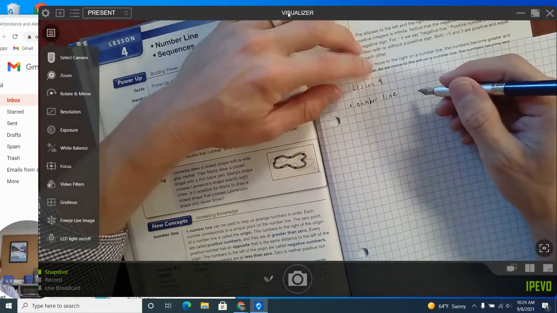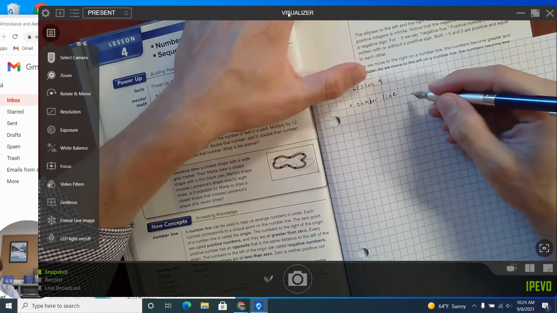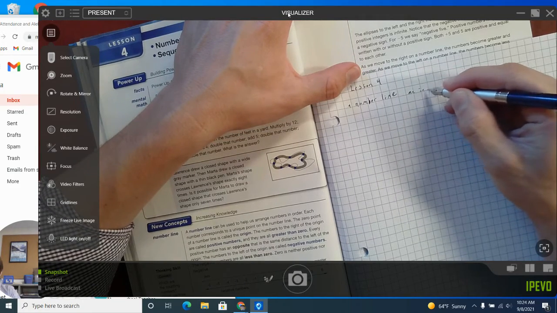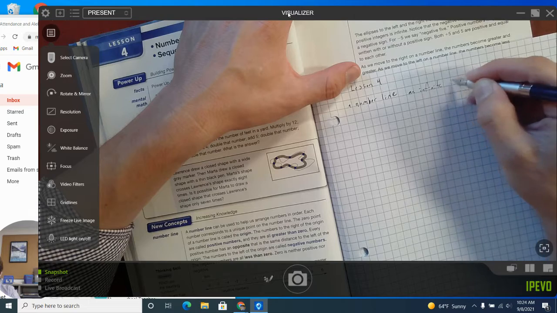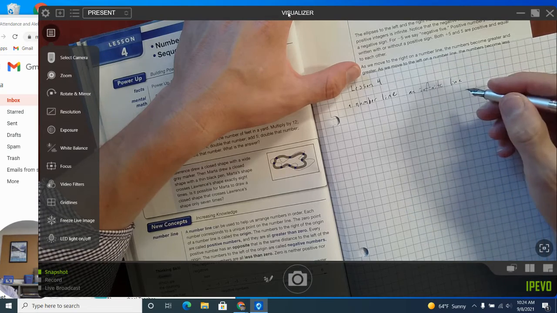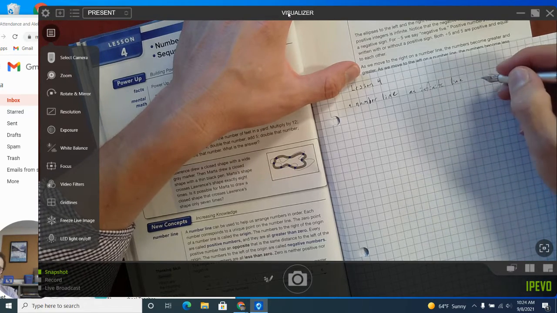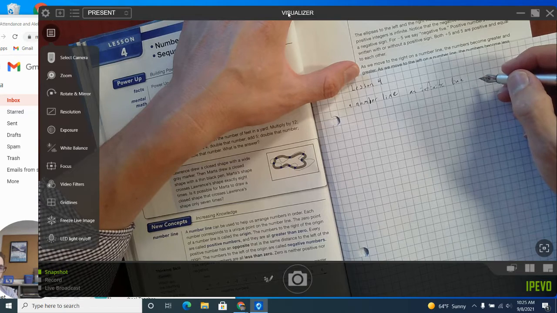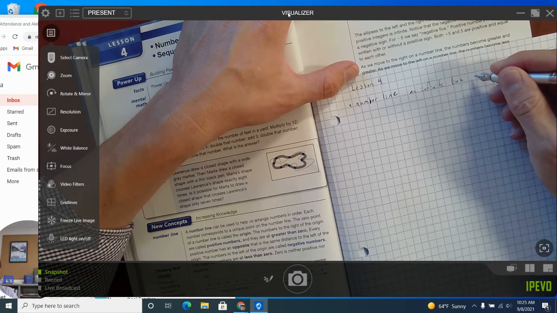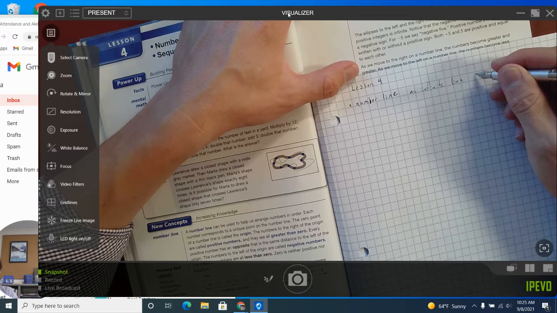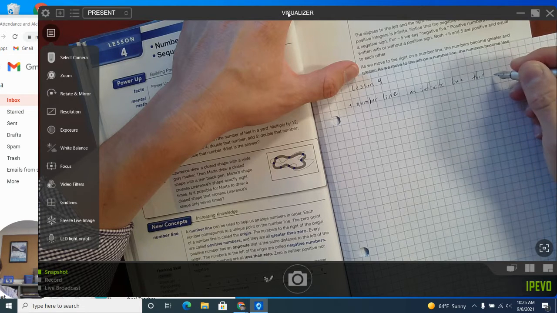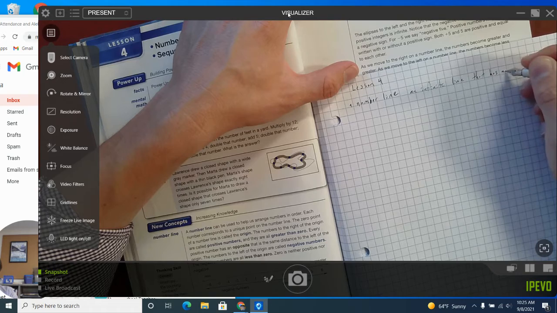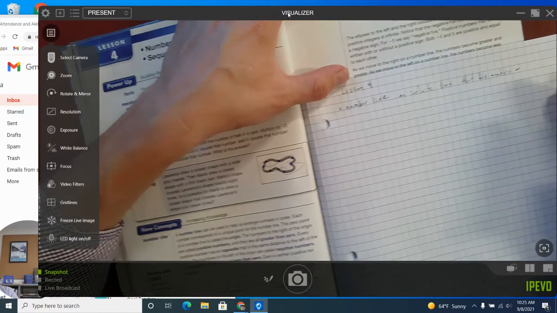Right? All lines are infinite. That you have numbers on, really. I mean, I don't know if you get more complicated than that. Numbers, or I'll say points on it.